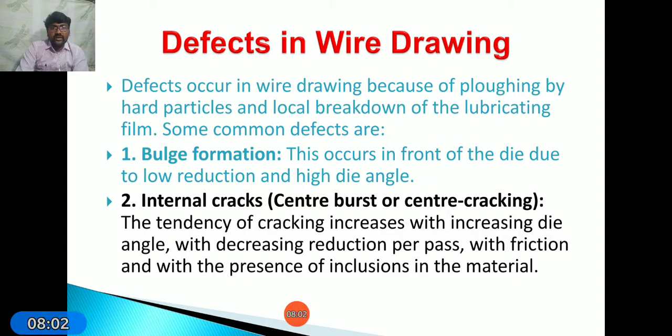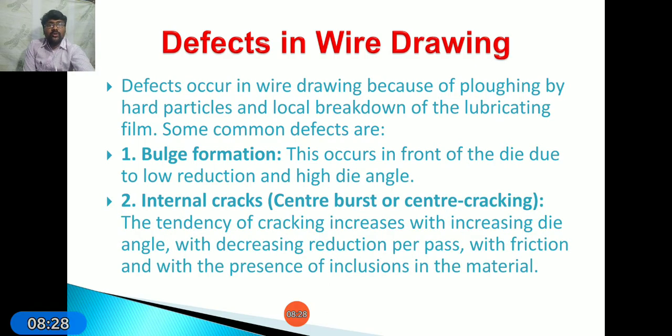Due to this, internal cracks will occur. As already seen in the diagram, the angle is increasing from entrance to exit. Due to this, cracks will happen with decreasing reduction per pass, with friction, and with the presence of inclusions in the material.